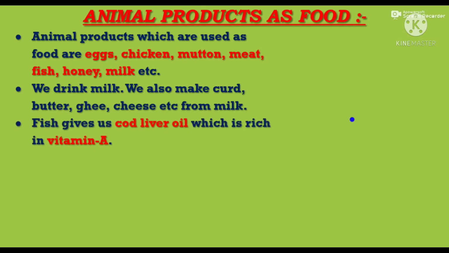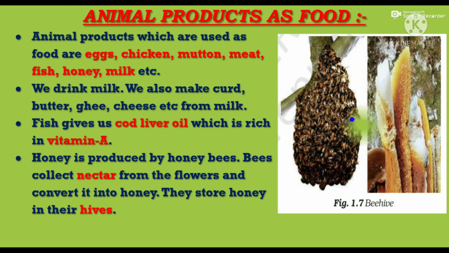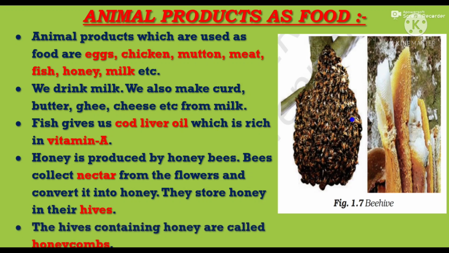And fish gives us cod liver oil, which is rich in vitamin A. And honey is produced by honey bees. Bees collect nectar from the flowers and convert it into honey. They store honey in their hives. You can see here the picture of a beehive, and the hives containing honey are called honeycombs.